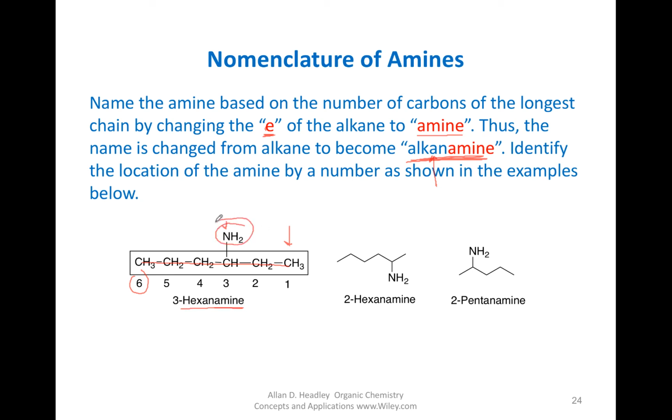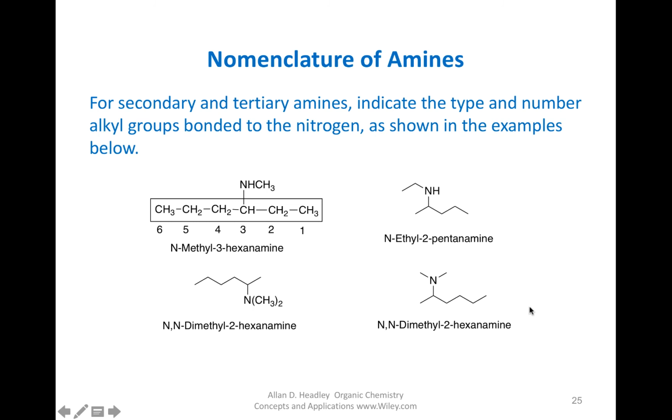However, we need to indicate where that amine is because it could be on either one of these carbons. It's on carbon number 3. Here's another example. Here it's on carbon number 2, but here it's pentane. So it becomes pentanamine. So you get the idea.